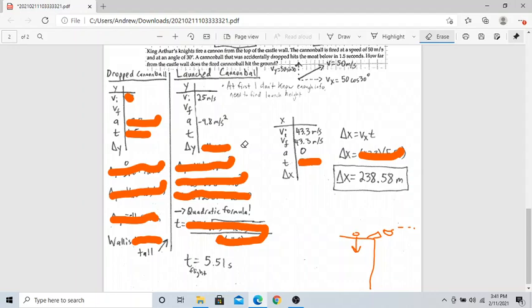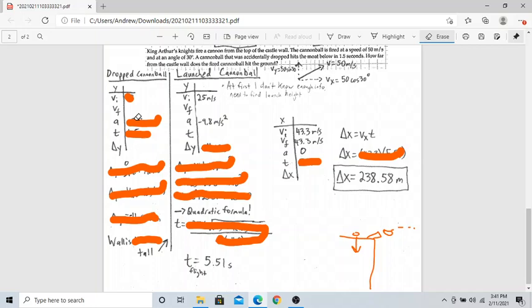Why that matters is because that cannonball will have to go the same delta Y as the launched cannonball. That's a weird thing to think about at first, but remember, these both start at the same height, and they're both going to end at the same height. So they both have the same delta Y. So if I use the information for the dropped cannonball, I should be able to calculate how tall the wall is.